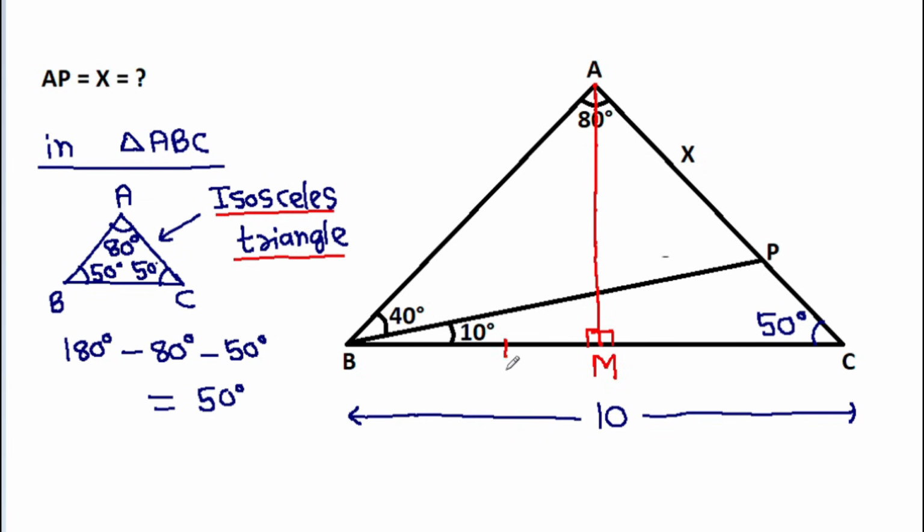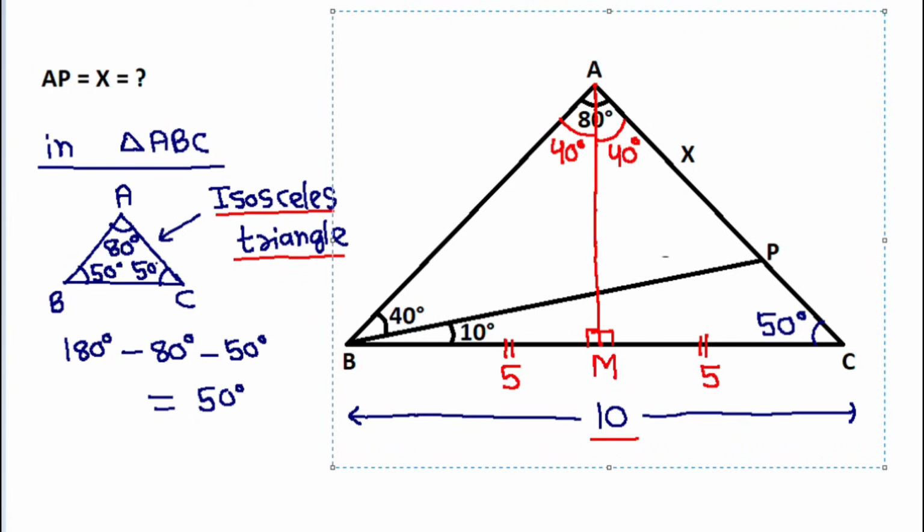That means BM and CM, they will be equal, and BC is 10, so BM will be 5 and CM will be 5. And also angle BAC is 80 degrees, so this angle, it will be 40 degrees, and this angle, it will be 40 degrees.